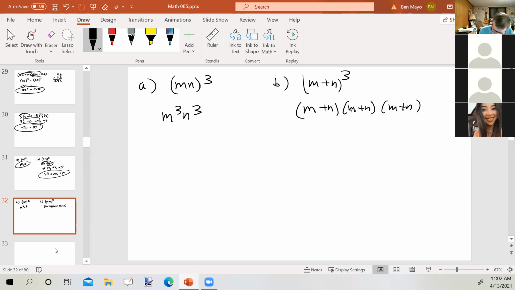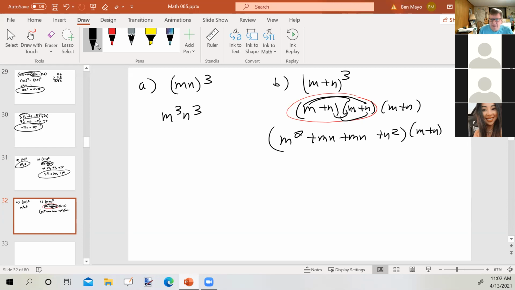This is going to take a bit more work. So doing the first two, we're going to get m squared plus mn plus mn plus n squared times the quantity m plus n. Combining like terms, m squared plus 2mn plus n squared times the quantity m plus n.